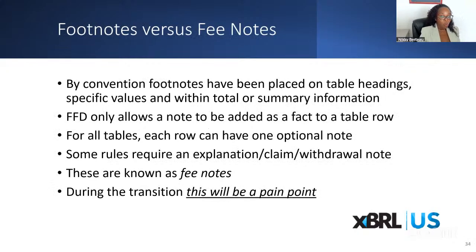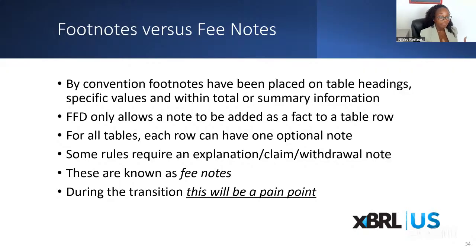Okay, so one of the key areas that we want to bring your attention to during your review is how fee notes are handled inside of the FEPT or the FFD taxonomy. One key difference in the FFD taxonomy is how notes are handled. Traditionally, footnotes could be placed anywhere in a table, right?